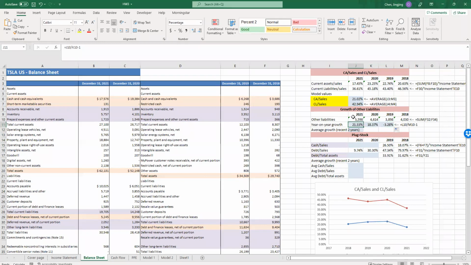So I'm going to use the recent 2 years number, so take the average of the recent 2 years. And there's a reason for doing that. You're going to see later that starting from 2020, Tesla had profits instead of loss. Before 2020, so 2020, 2019, 2018, 2017, Tesla was making losses. If we want to do a forward-looking forecast, it's better to use recent numbers.